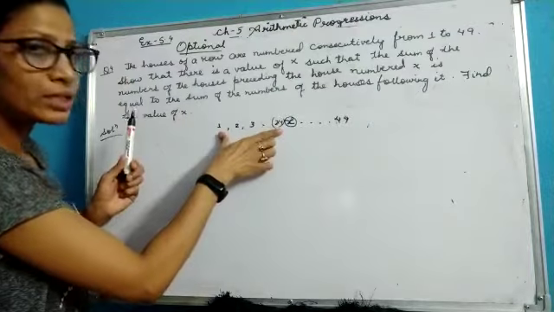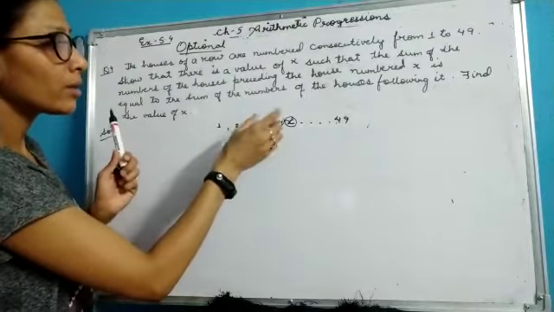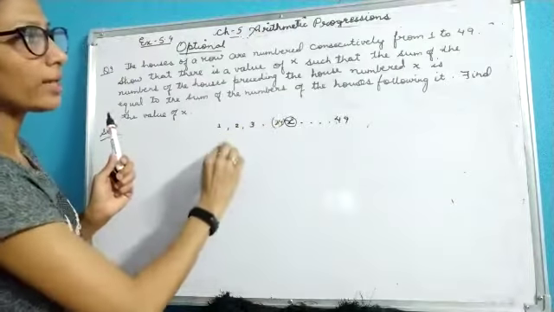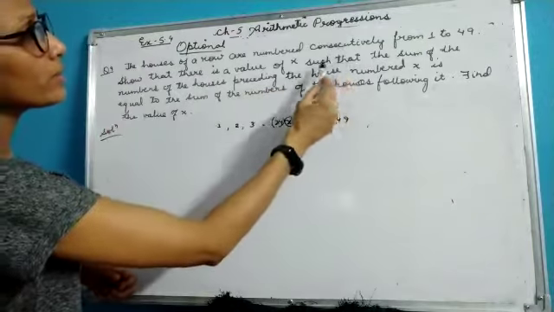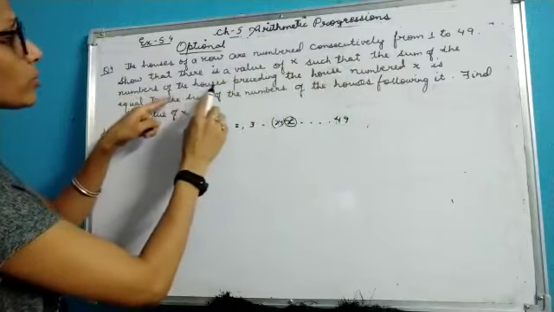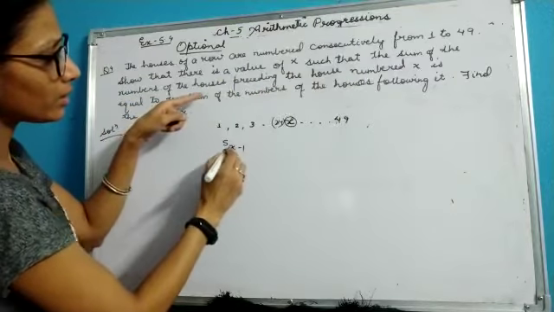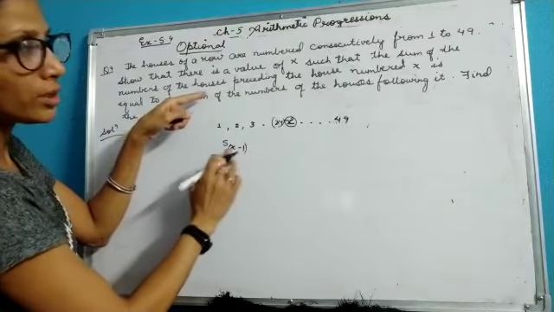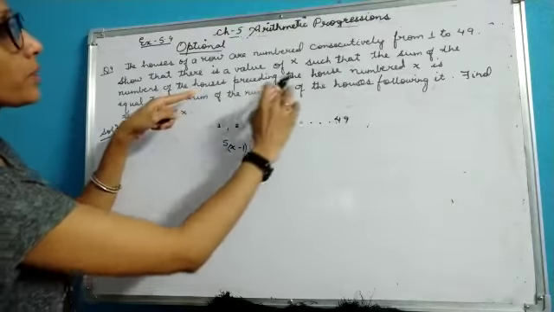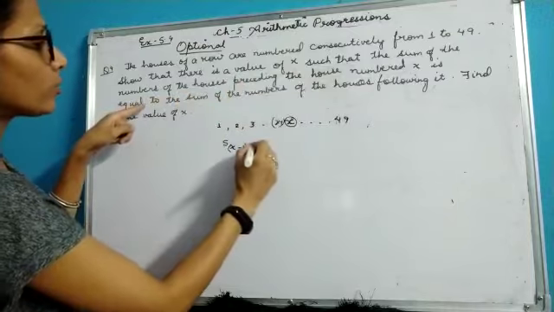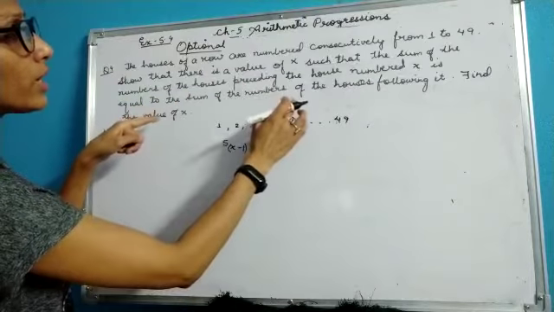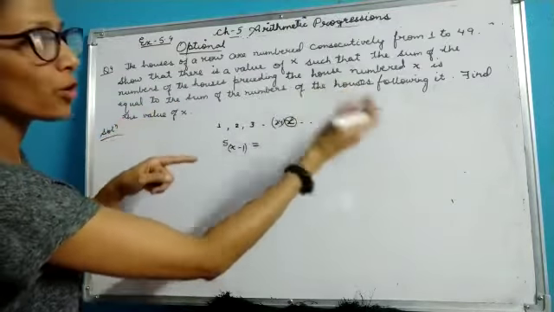So x minus 1 houses are there before x. These are the houses which are preceding x, and their sum is equal to the sum of the numbers of the houses following the house numbered x.